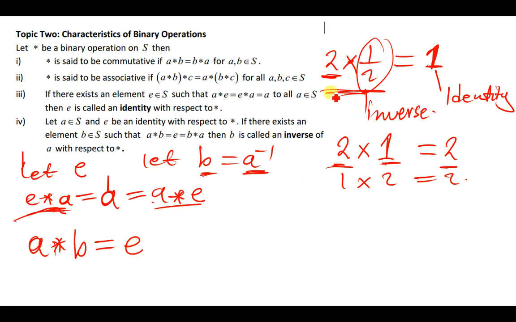This is what I wrote here: when you get an element 2 and multiply it with its inverse, the answer that you get is the identity element. This can also be written as B star A, and the answer should still give you an identity element. This is what these last two points mean, so I've explained the last 2 points.